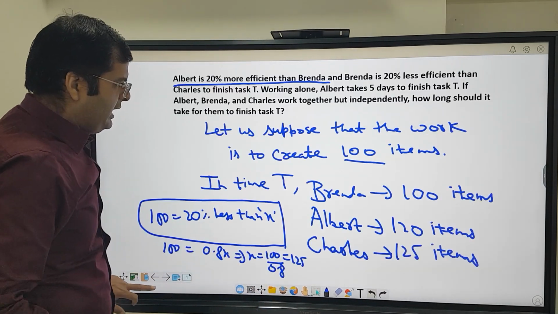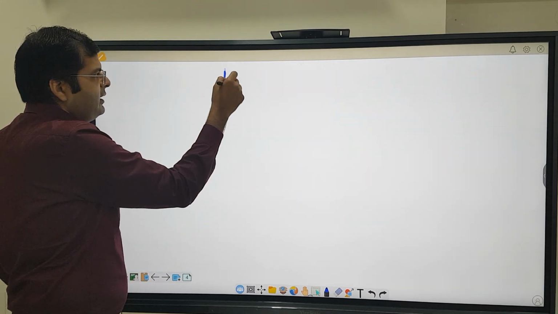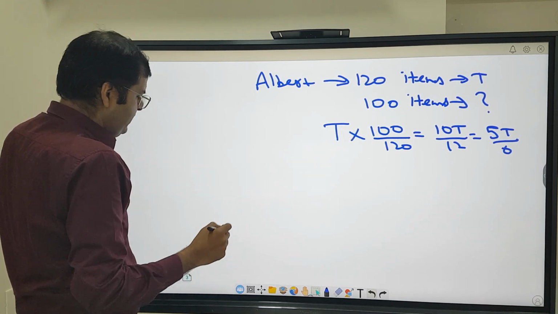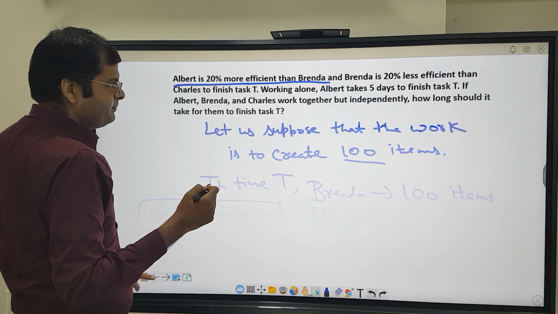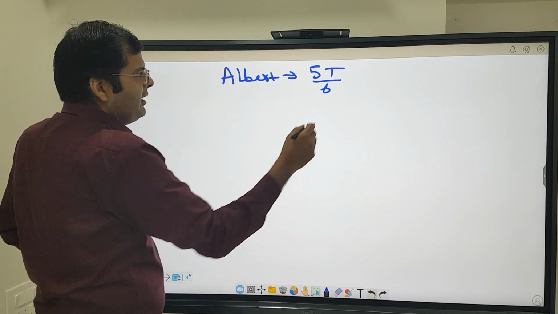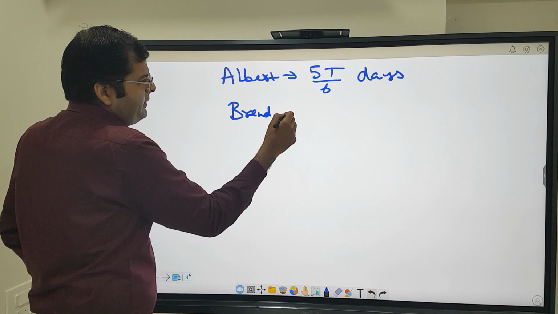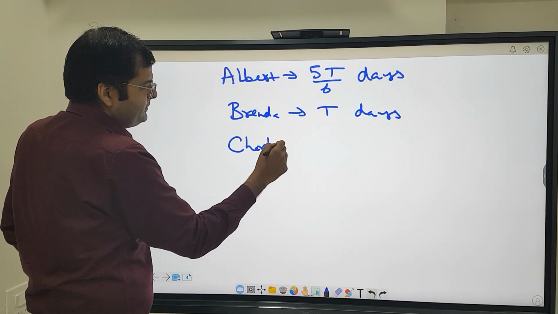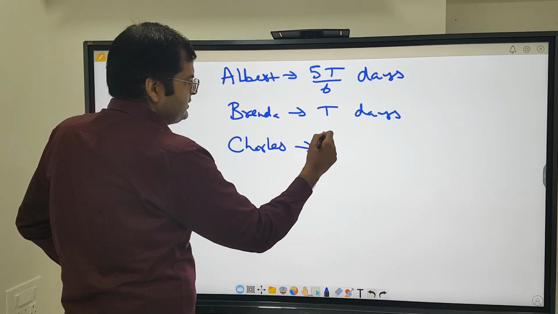Now, the question has become this: if Albert takes 5T upon 6 days to finish the task, and it is in days because the question says 5 days, then Brenda takes T days to finish the task, and Charles will take 5T upon 4 days.